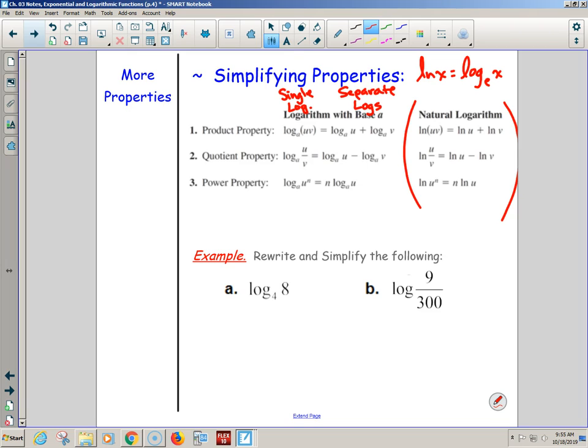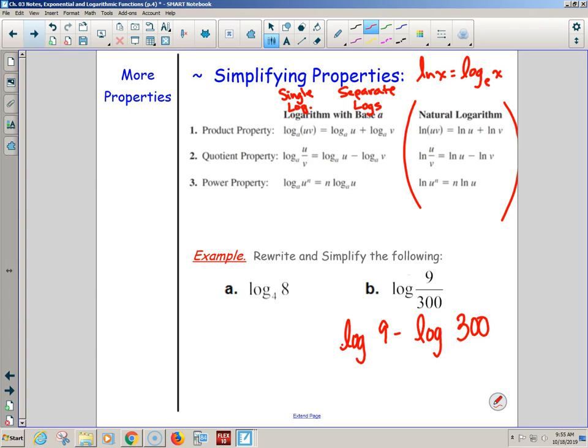So, wait a minute. Do you remember down here what I said u and v are for this guy? u and v, isn't that the notation for the properties? I have a single log, so look on the single log side, it's a quotient, right? So I can rewrite this guy to be log of 9 minus log of... wait a minute, hold on, the properties say log base.